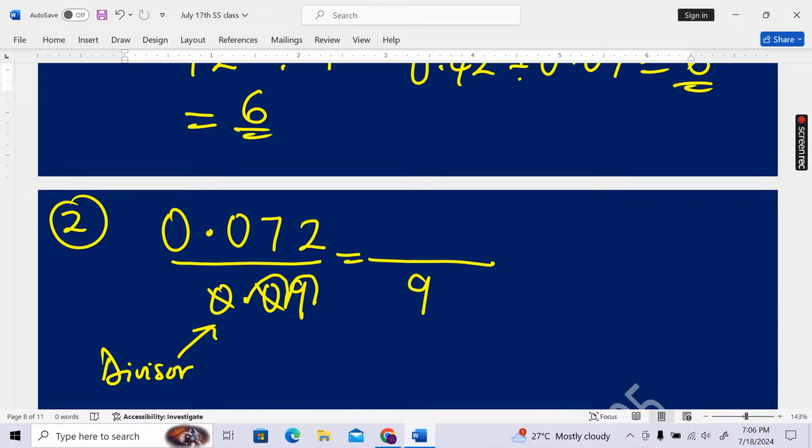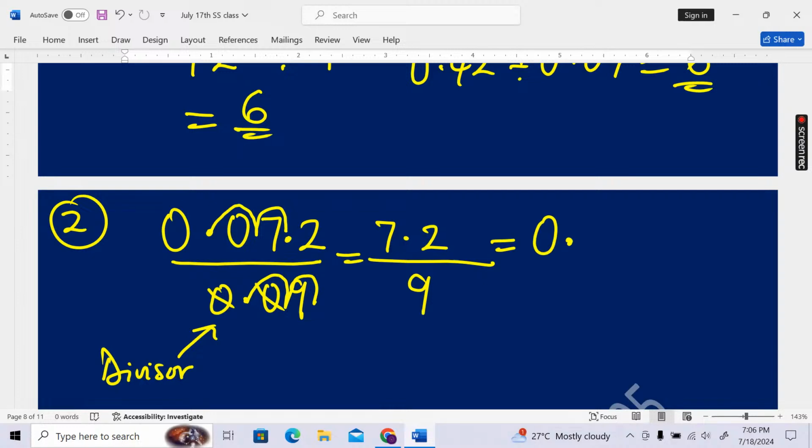So let's do the same thing to the numerator. 1, 2. You can see where the decimal point will be for this number. So 007.2 is the same thing as 7.2. So with this, it will be easy for you to divide. So 7 divided by 9 is impossible. So you're going to have 0 point.